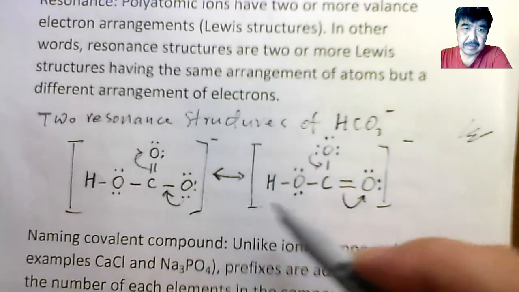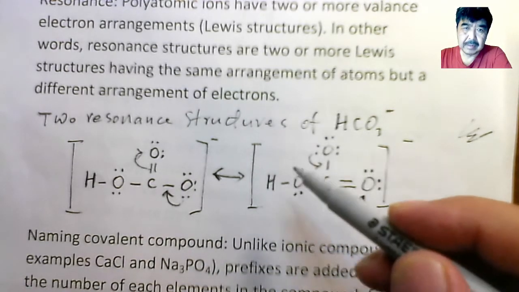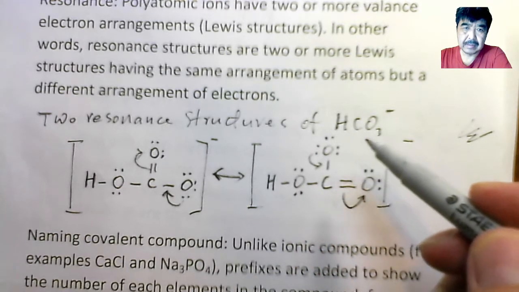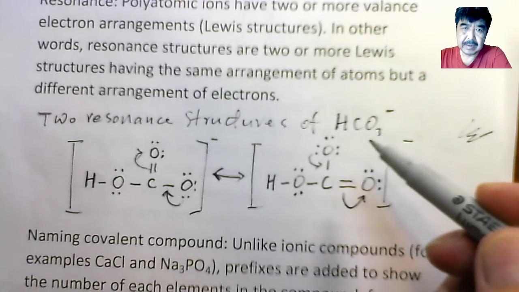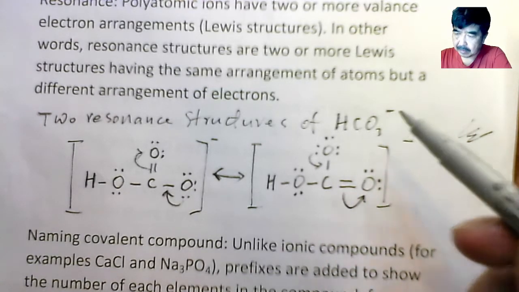This is called a resonance structure. This example structure is bicarbonate. They have only 1 negative charge.